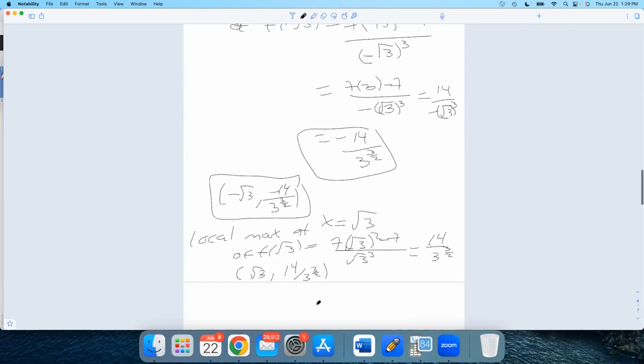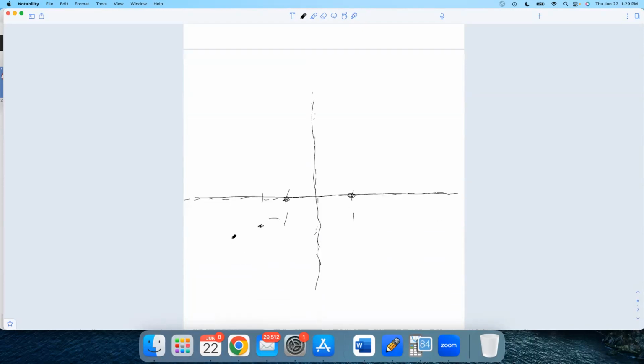All right, let's put those on the graph. So negative root 3, that's a little more than negative 1. And we had a negative value here. So we're just kind of estimating here. That was the point, negative root 3, negative 14 over 3 to the 3/2 power.